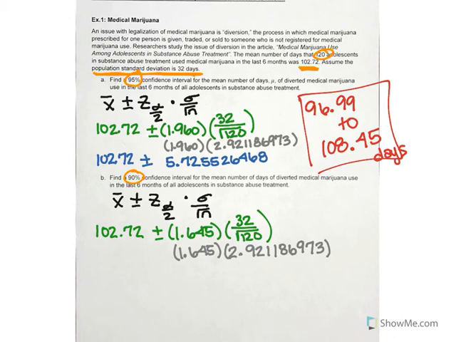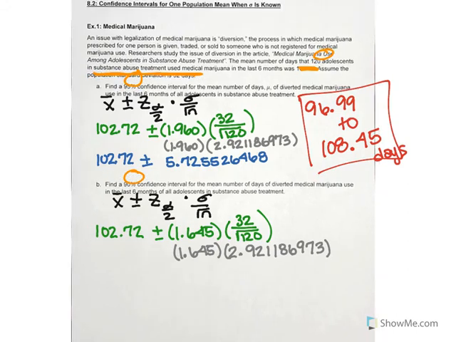And we get a margin of error of 4.8053 5257 1.